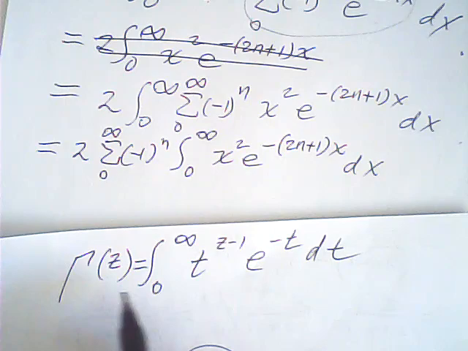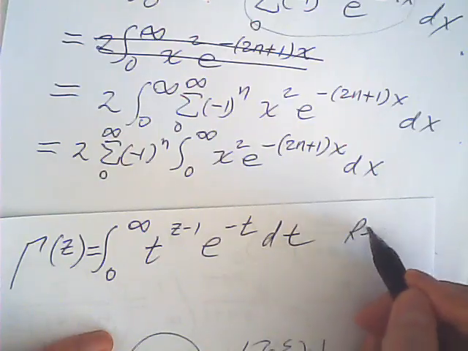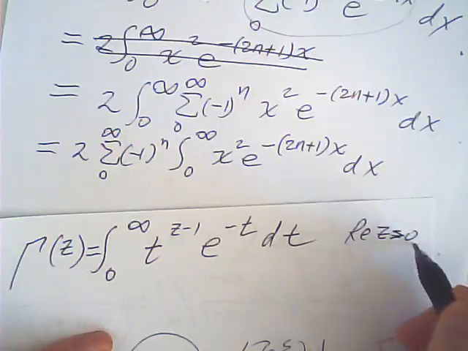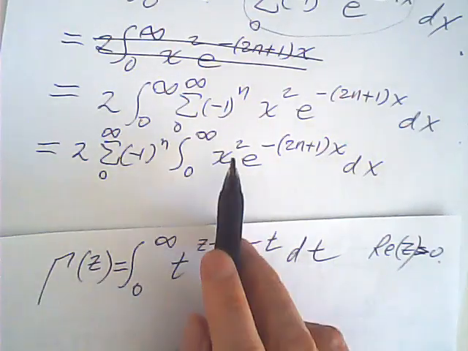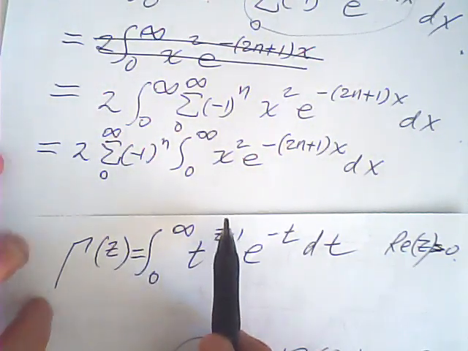That's the gamma function, where the real part of z is positive. In our case, that is true. So I try to use the gamma function.